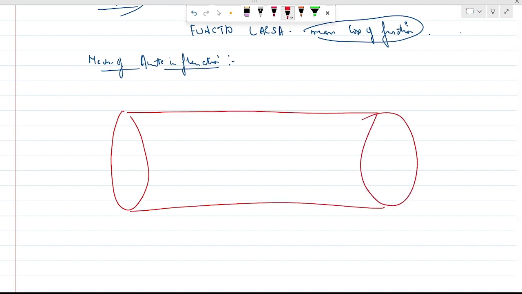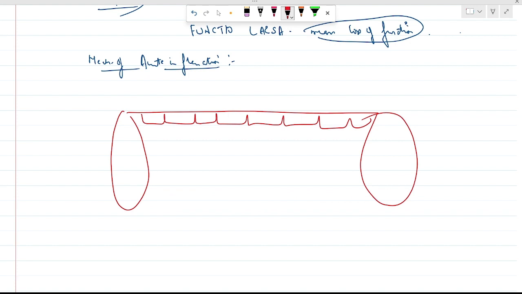See, this is a blood vessel. We all know these are the endothelial cells. Okay, these are the endothelial cells in the blood vessels.